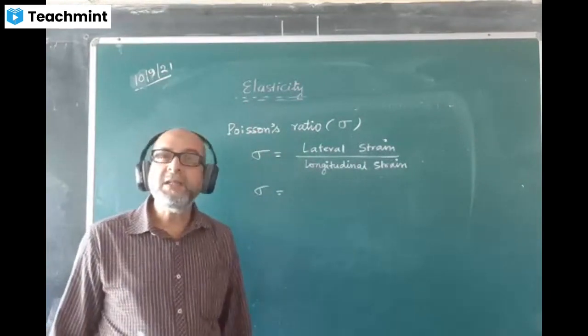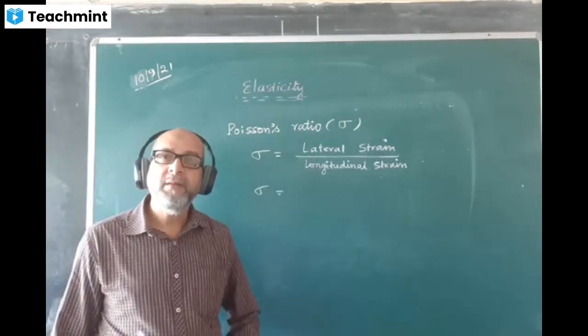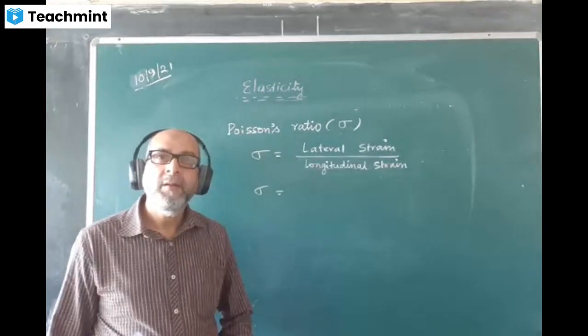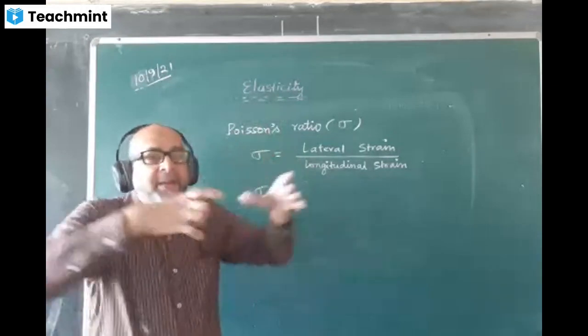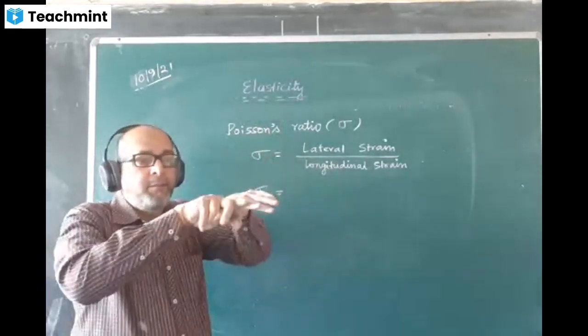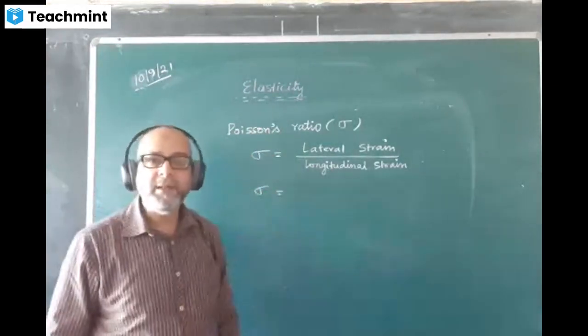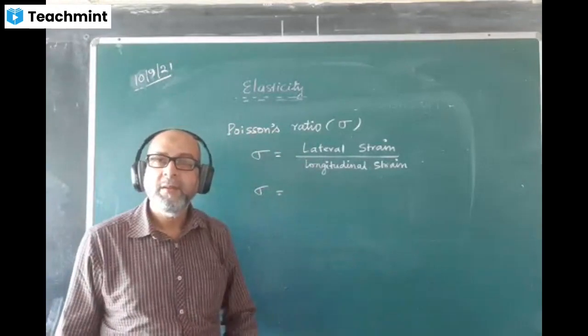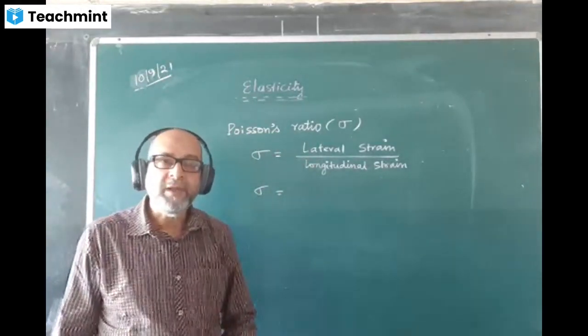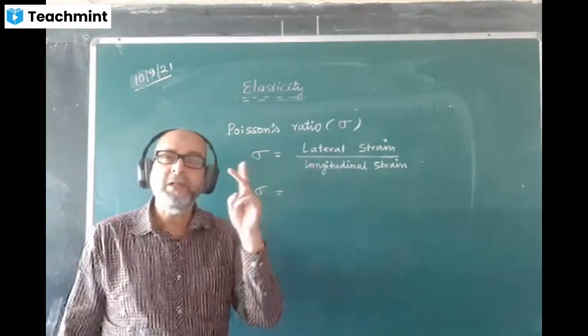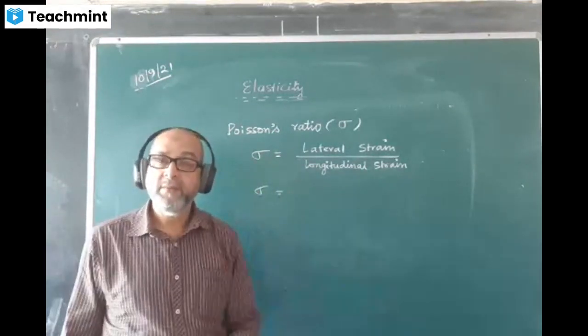When the length increases, what happens to the diameter? Decreases, yes. Or when the length decreases, the diameter becomes more inflated, that means the diameter will increase. Reverse will happen. So we are finding change in both length as well as diameter.